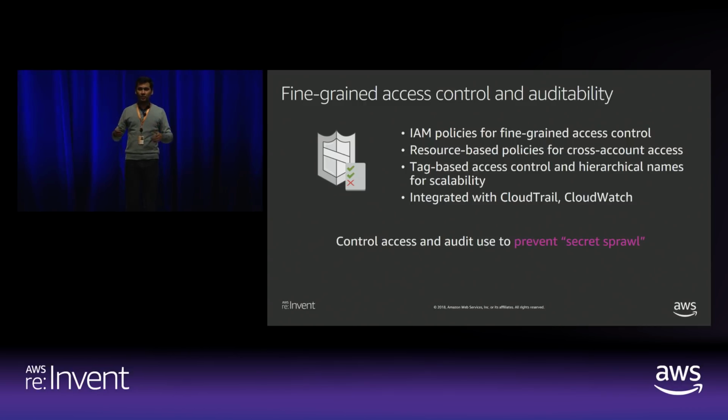And now, with this one policy, all the team members can get access to all the secrets required by the team. Now, in the future, if the team adds more databases and has more database credentials, well, store them in Secrets Manager and give the appropriate tag, and that's it.